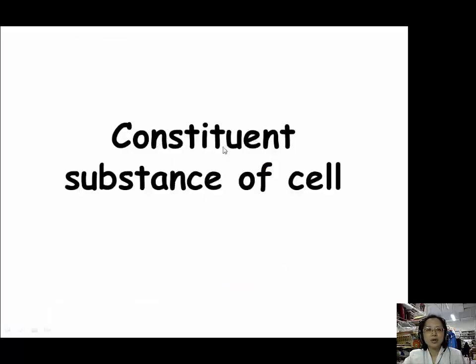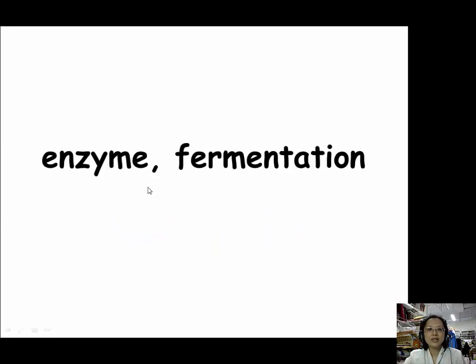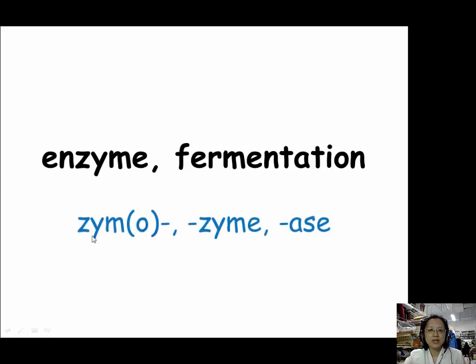And when we talk about constituent substance of a cell, we can use suffix plasm, P-L-A-S-M, or plasmo, P-L-A-S-M-O. For enzyme and fermentation, we can use prefix zymo, Z-Y-M-O, and the suffix zyme, Z-Y-M-E, and also ASE.